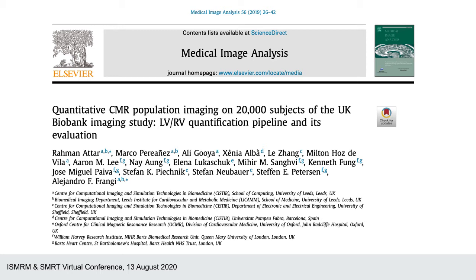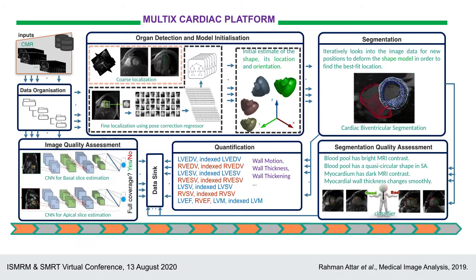In this paper, they reported on 20,000 subjects, but currently they have already processed more than 40,000 subjects. The pipeline was developed on top of the Multics platform. This is a platform that allows researchers to run and compute a lot of processing for images.